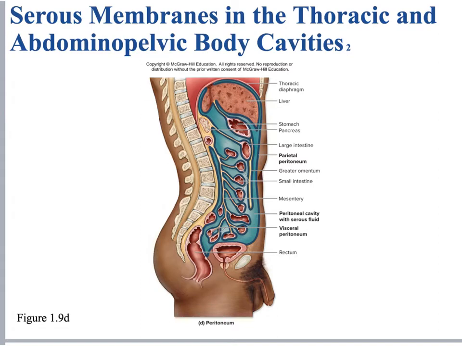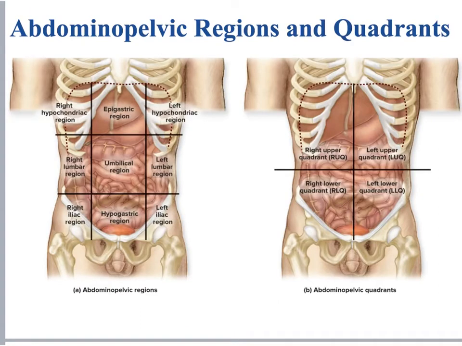You'll see this when we talk about the digestive system next semester, especially in the cadavers in lab. You'll be able to see what that looks like, and the blood vessels run out through it and hold everything in. All right, so I call it the 3 P's for serous membranes: pleura, pericardium, and peritoneum. And we know that each of those has a visceral and a parietal layer. Questions on body cavities?